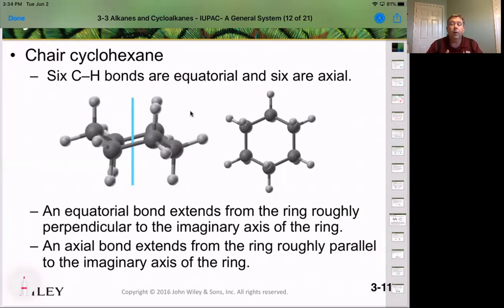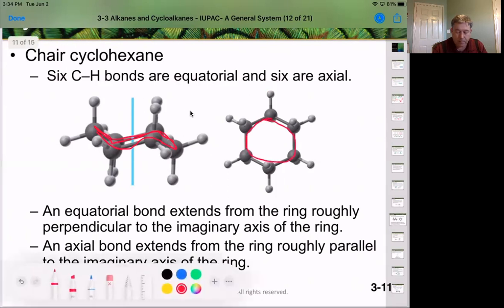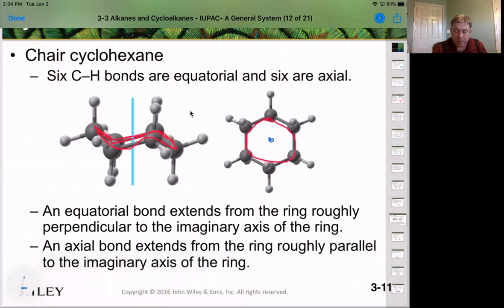Once we form this chair, we end up with different hydrogens in different positions. If we think about this as our cyclohexane chair, and we put a line right in the middle going up and down, that represents this axis here.